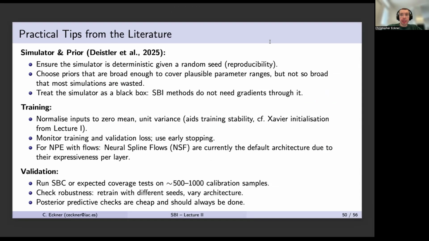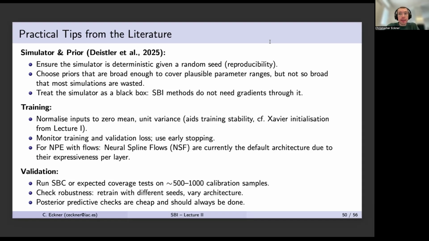One particular tip is, as I said already before, ensure that the simulator is deterministic and follows a chosen random seed in order to guarantee reproducibility. Choose priors that are broad enough to cover the plausible parameter ranges, but not so broad that you waste computation time.